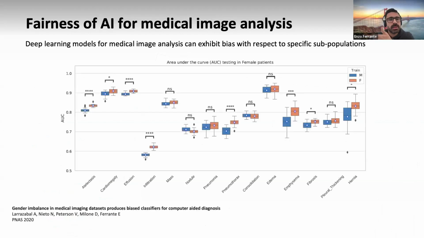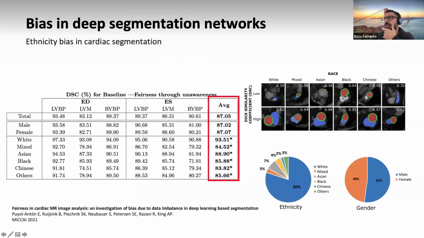I'm not going to go into the details there, but they showed that, for example, for heart segmentation, you could have very different dice coefficients when you analyze white, Asian, Black, Chinese populations. You can have very different dice coefficients for all of them.